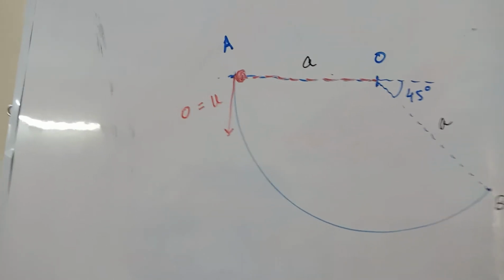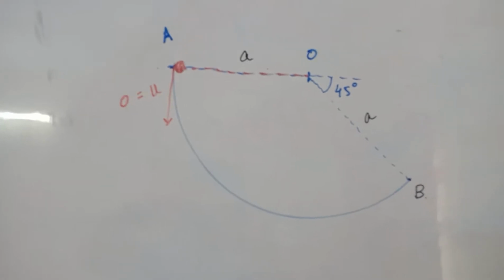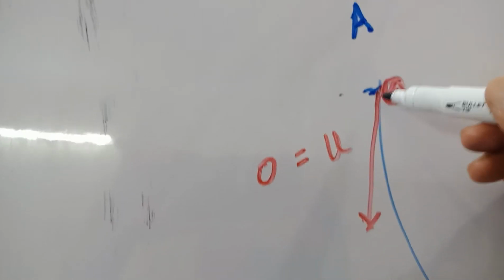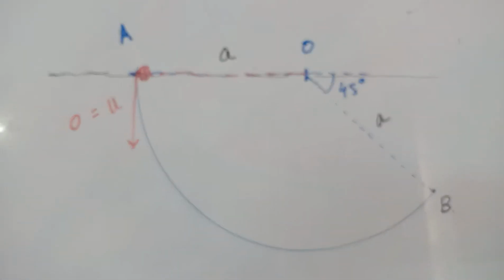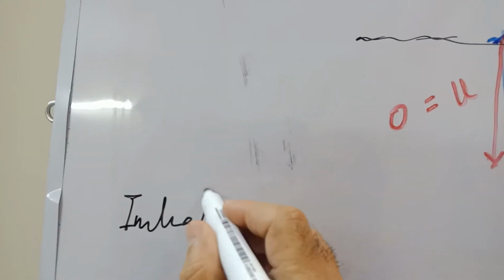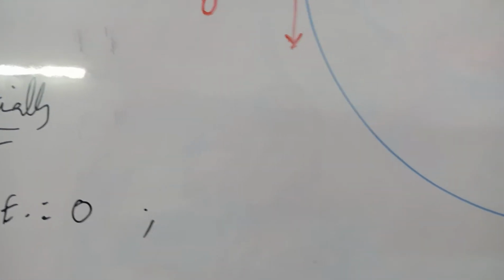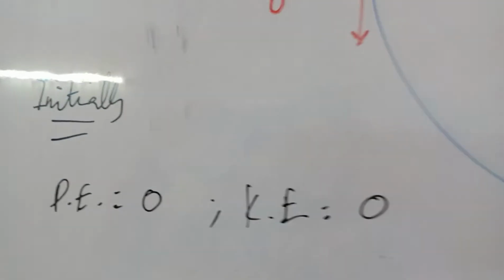As you know, we always start by looking at the energies, the sum of energies initially and generally. Since this is the level from which we determine the potential energy, initially the potential energy is equal to 0, and since we are releasing this from rest, the kinetic energy will also be equal to 0.